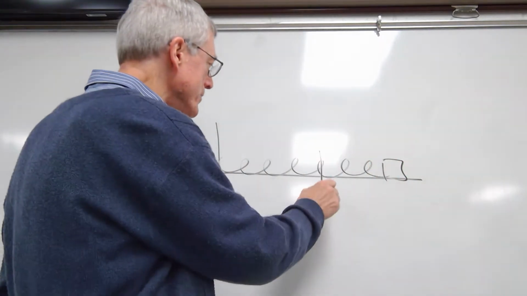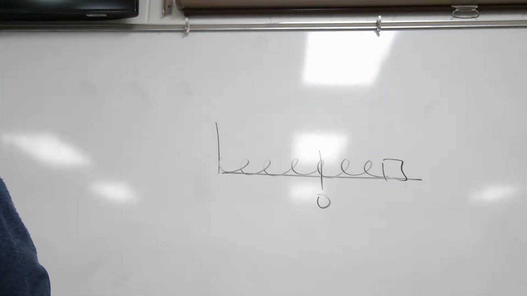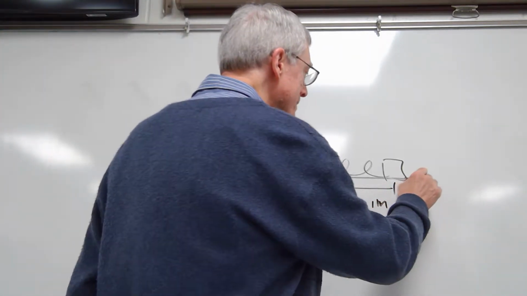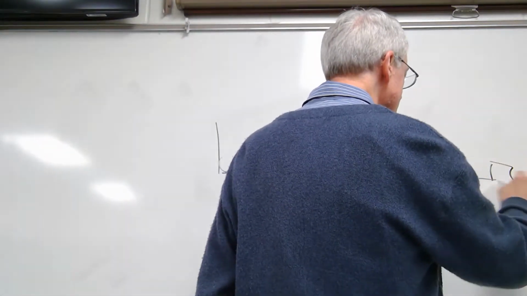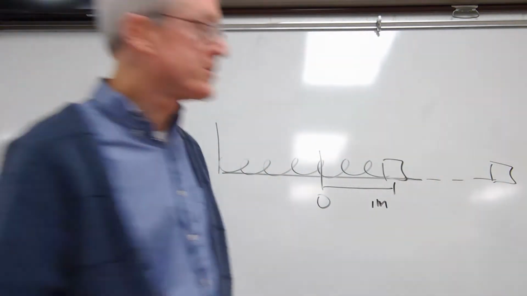Equilibrium was back here in the first diagram, and the block starts out 1 meter away here. That's 1 meter. And the block is stretched all the way over to here, where it is at 3 meters.